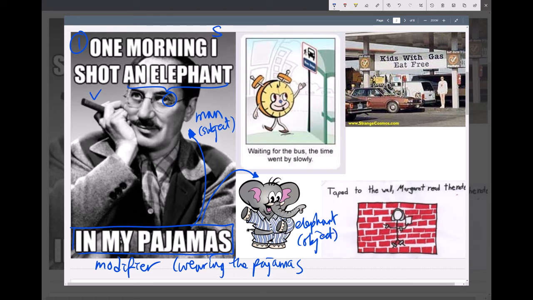Now, because the modifier is placed right after the object, so you have "an elephant in my pajamas," you would think that some guy shot an elephant, and the elephant was wearing his pajamas.